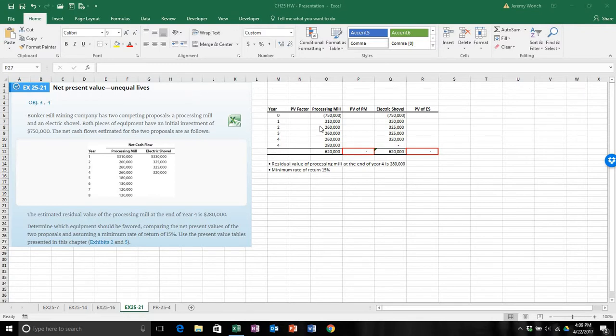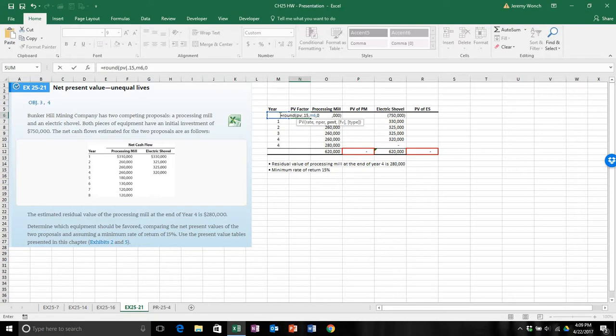So we'll start off on this one by calculating our present value factor. We'll use the present value function in Excel, and we're going to start off with the round function just so it matches our book number. So do present value, the rate is going to be 15%, and the number of periods is going to be this cell, which is cell M6, and no payments.